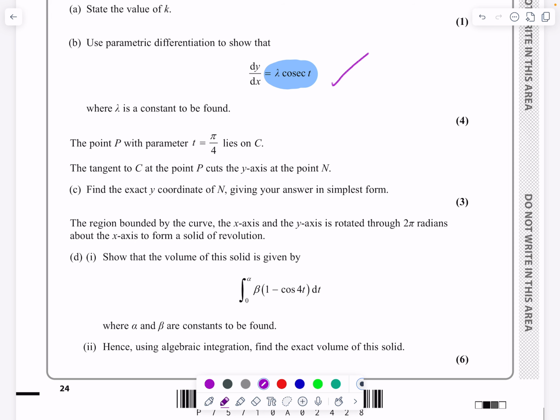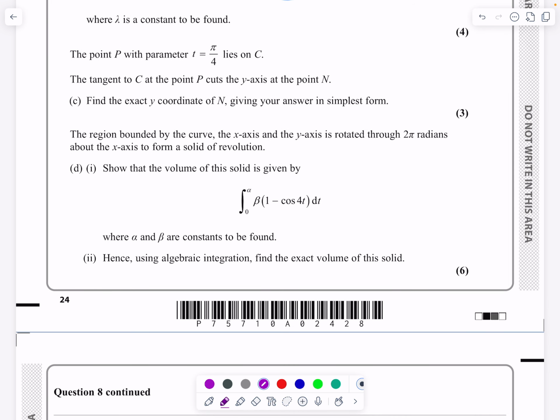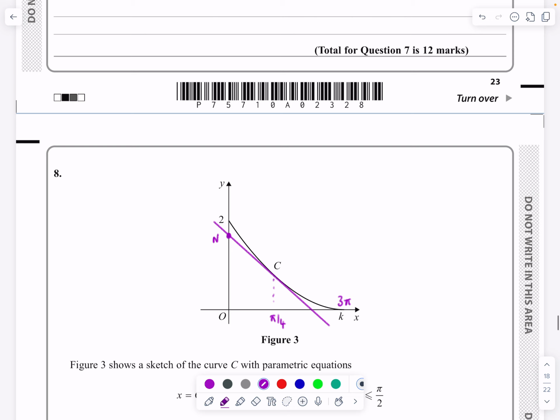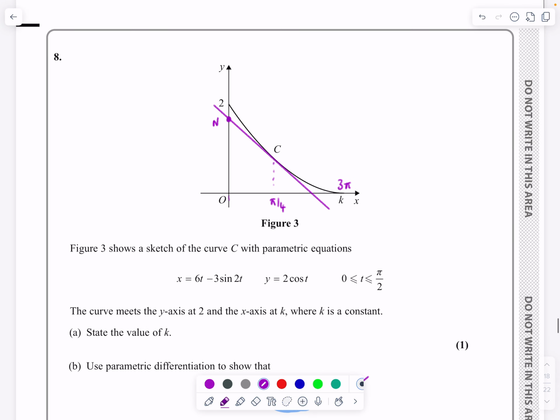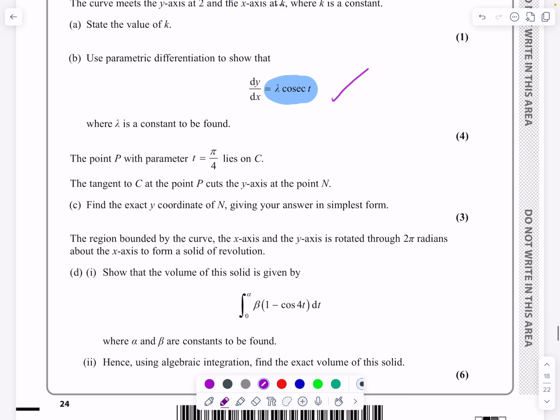Right, part D then, the region bounded by the curve, the x-axis, the y-axis is rotated through 2 pi. So we're going to take this and rotate it about that, and what we're trying to do is find the volume of that solid, the volume of revolution, which I'm hoping you know is pi y squared dx, because that's what I'm going to be doing.